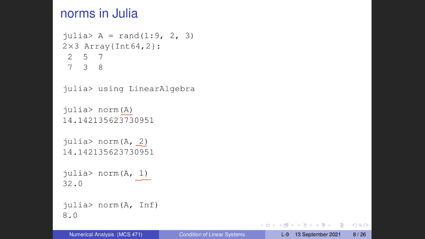Notice that we also have the 1 norm and the infinity norm. The infinity norm is the maximum of the row sums, and the 1 norm is the maximum of the column sums.